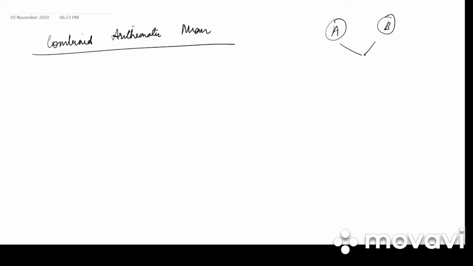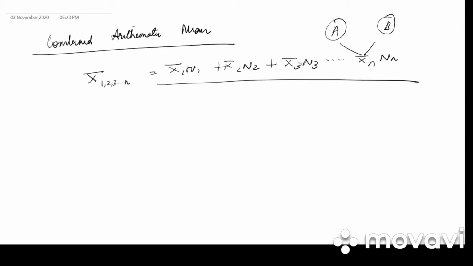So what will be the formula? It is x bar 1, 2, 3, depends on how many items we have, till n is equal to x bar 1 n1 plus x bar 2 n2 plus x bar 3 n3 till x bar n n divided by n1 plus n2 till n.